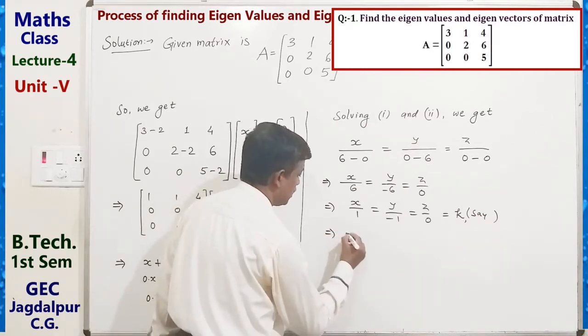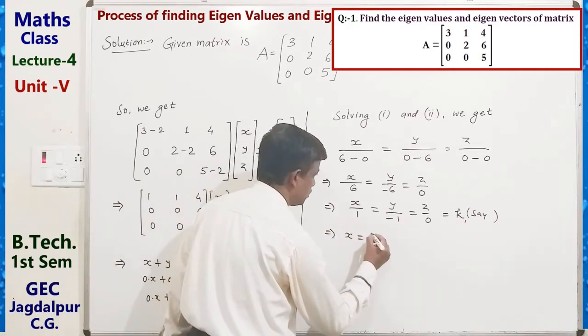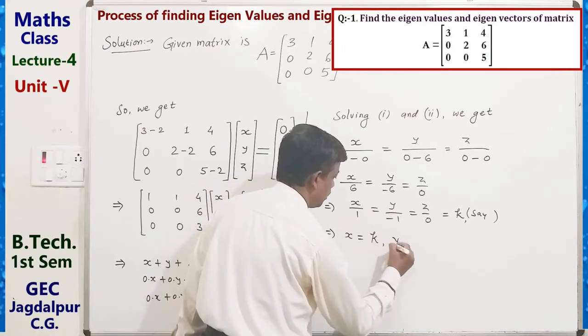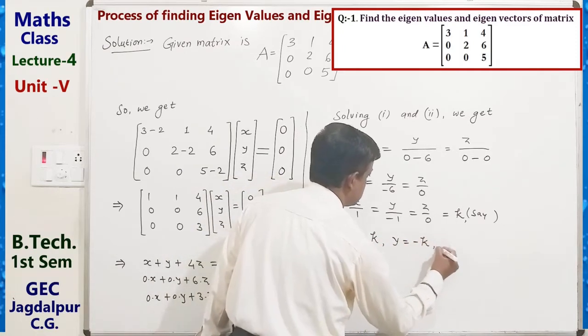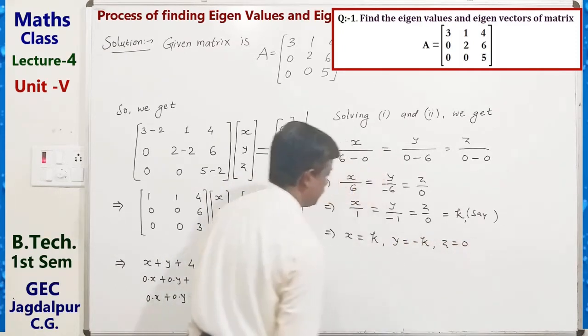So x equals k, y equals minus k, z equals 0.